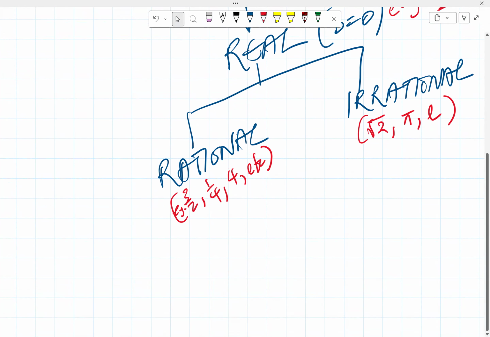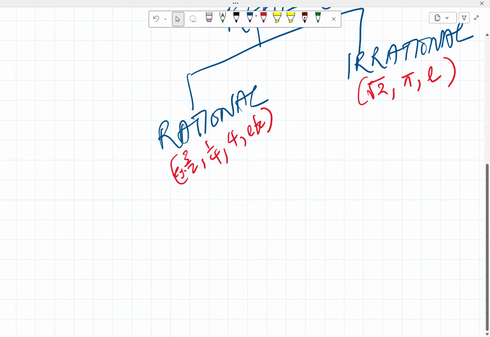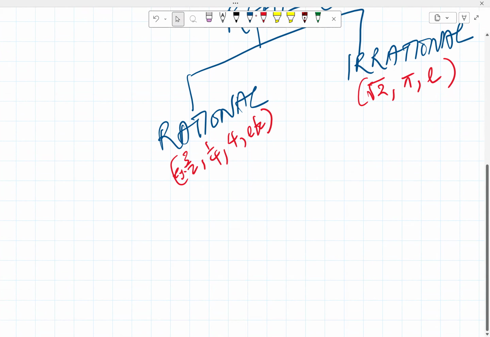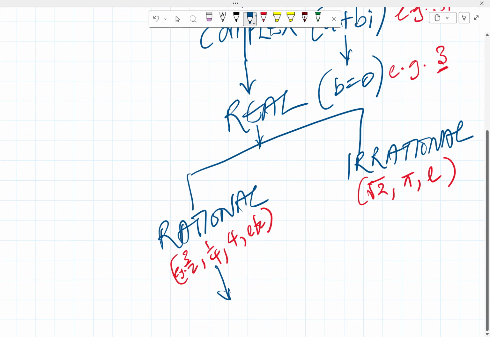Then going forward, under rational numbers, you can begin to talk about other kinds of things. You can have further sub-classifications, like the idea of whole numbers we talked about the other time.